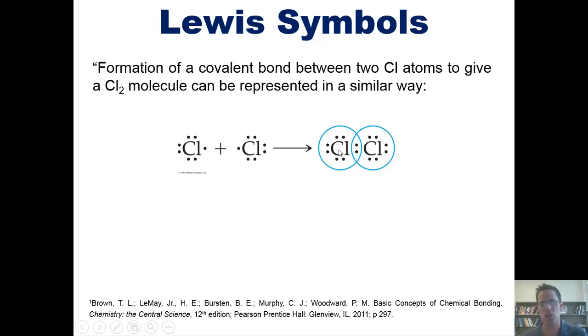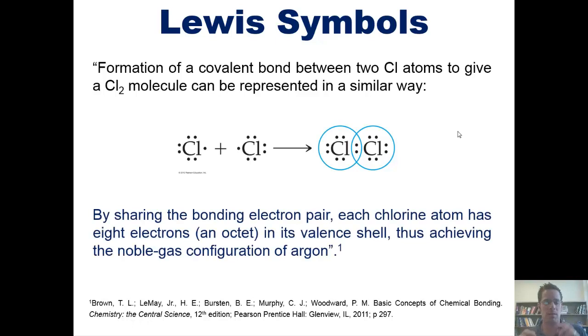This is a Lewis representation of chlorine gas, or Cl2. By having each chlorine atom share its unbonded electron and plugging them into each other's empty holes, each chlorine atom now feels as if it has 8 electrons around it. That is a full octet in its valence shell, thereby achieving the noble gas configuration of its nearest neighbor, argon.